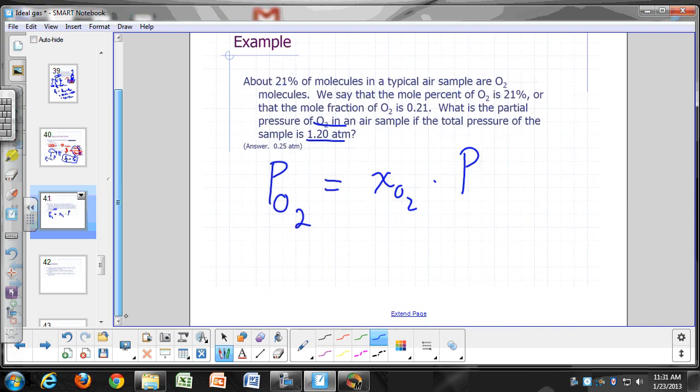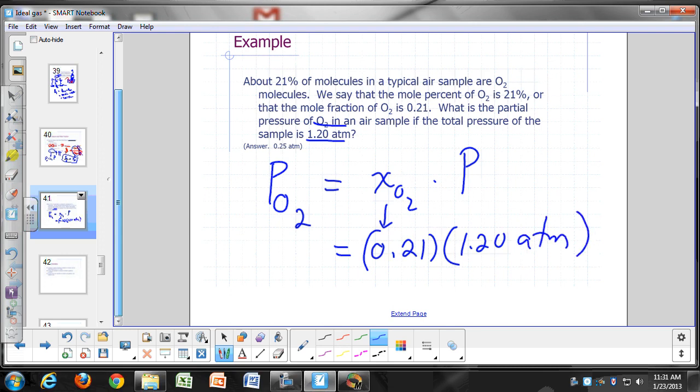What's our mole fraction? 0.21, and our total pressure is 1.20 atmospheres. So what's 0.21 times 1.20 atmospheres? 0.25 atmospheres. Okay.